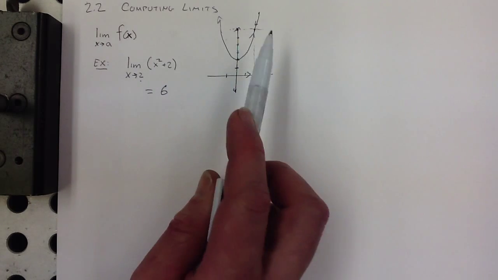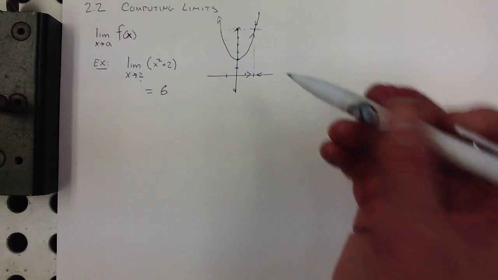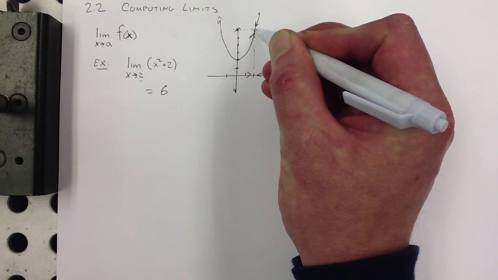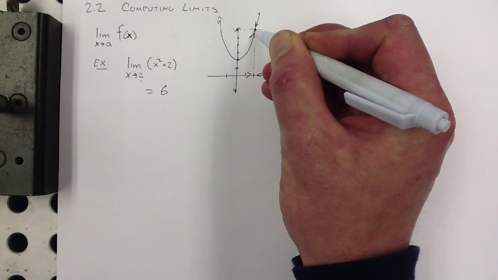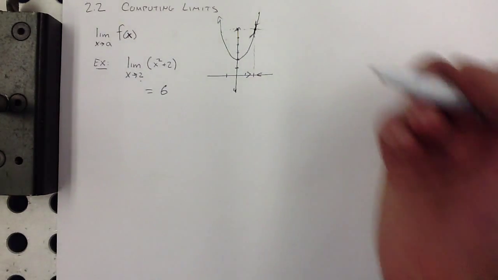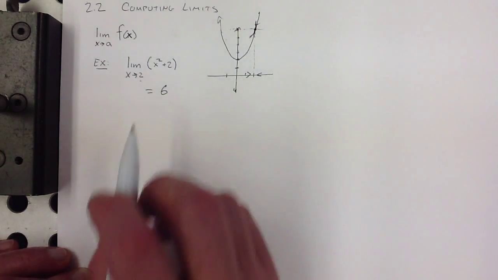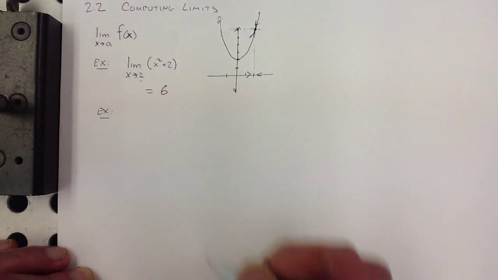Although, in this case, when there's no jump, hole or vertical asymptote, those two things happen to be the same. The number that you're getting super close to happens to also be the destination point, the point that's actually right there. But that point does not actually have to be there for the limit to exist. And more about that in the coming examples.